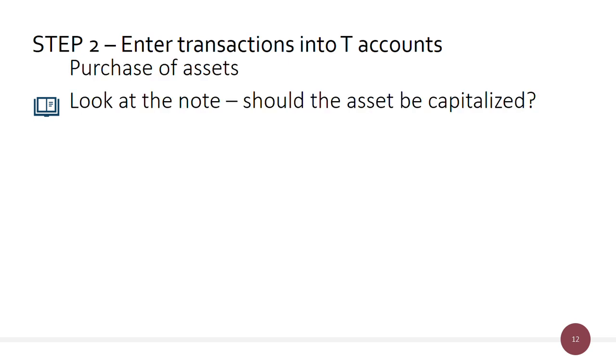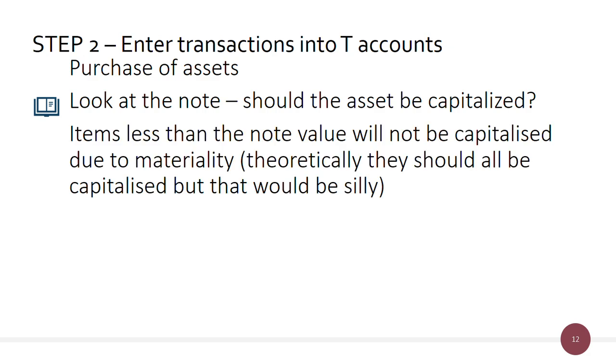The next point we're going to look at is whether this asset should be capitalized or not. You'll see in the note that items less than a particular amount are not capitalized. Say items less than £500 are not capitalized. You'll have an item within some kind of invoice, like a lamp, and anything less than that note value will not be capitalized.